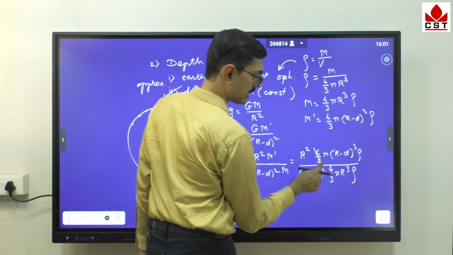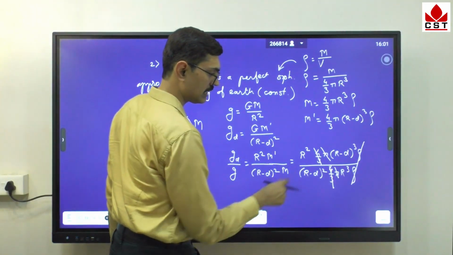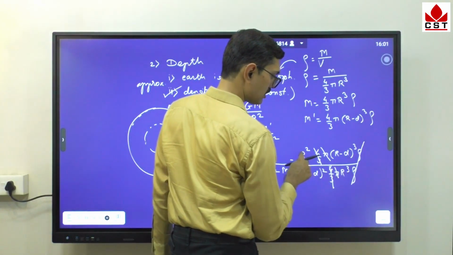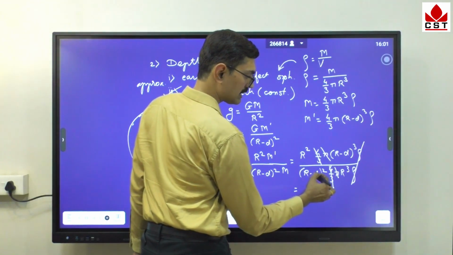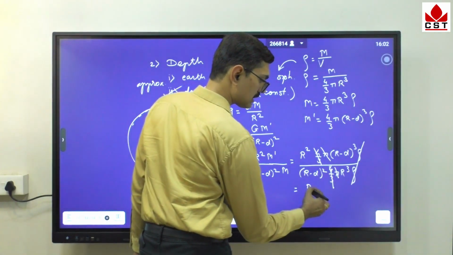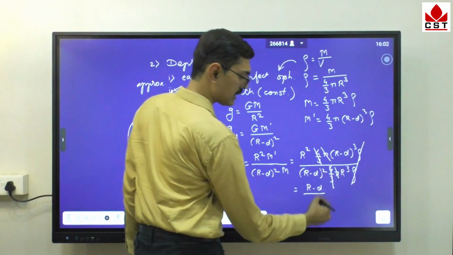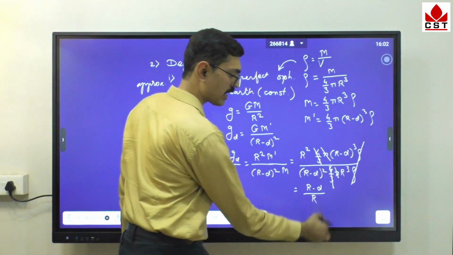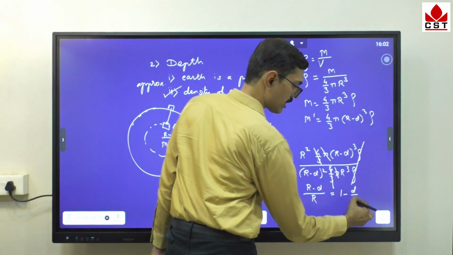So 4 by 3 into pi gets cancelled, density also gets cancelled. So r cube and r square. So we are getting only r here, r minus d square, and this is r minus d cube. So one r minus d is present in the numerator and one r is present in the denominator. So r upon r becomes 1 and d upon r will be there.